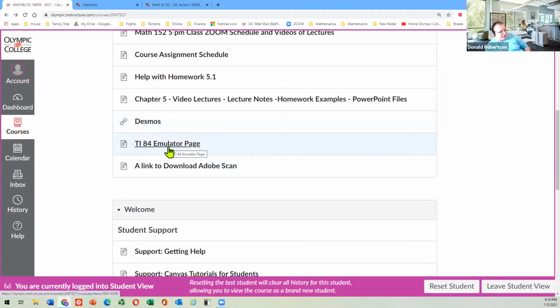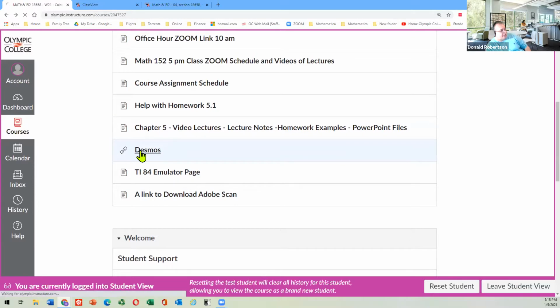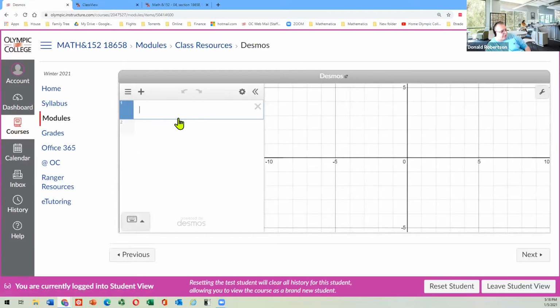Here's a TI emulator. If you don't have your own TI-84, which can be helpful, here's a link, and you can download an emulator that is like a TI-84, but it's software. You don't need to worry about that until the midterm. And this little guy here is some graphing software. If I click on that, I think you can do it as y equals, I'll check. There you go.